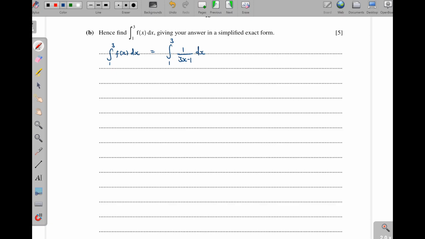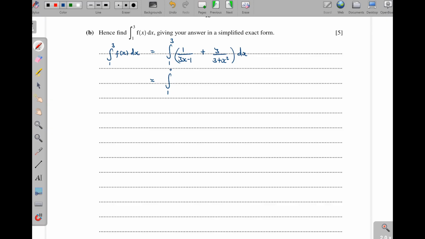Then, in fact, I can say this plus 3 out of, this is 3 plus x squared, like that. Now we can have the integral of, we integrate these individually.